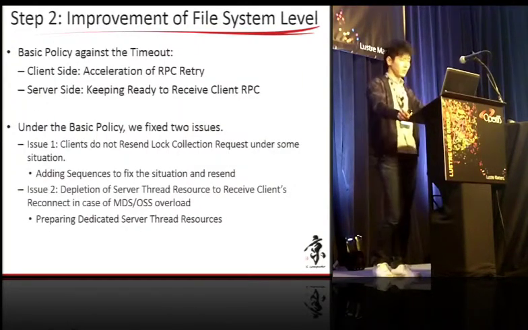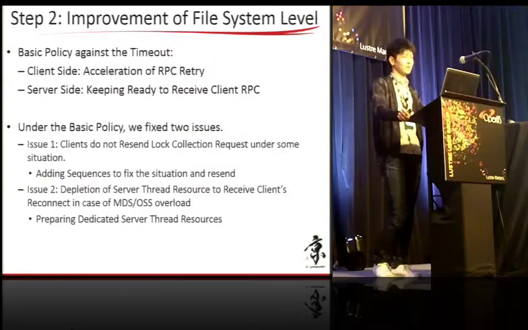We improved the file system level. We fixed 2 issues. One of the problems is clients don't resend lock collection requests under some situations, and the other is depletion of server thread resource to receive client reconnection in case of MDS or OSS overload.